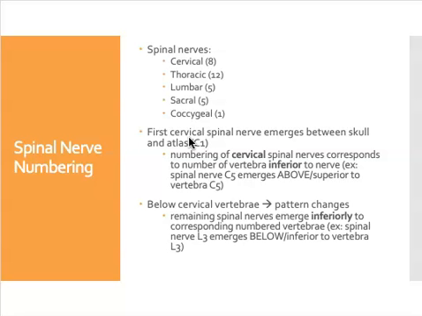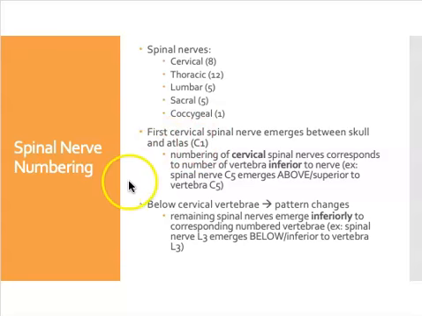So that C1 spinal nerve is coming above or superior to the C1 vertebra. The rest of the cervical spinal nerves follow that pattern. They all emerge just above, just superior to the same numbered vertebra. So C2 spinal nerve emerges above or superior to the C2 vertebra. The C3 spinal nerve is superior to the C3 vertebra, and so on and so on and so on.